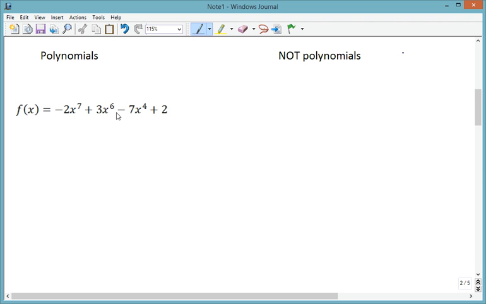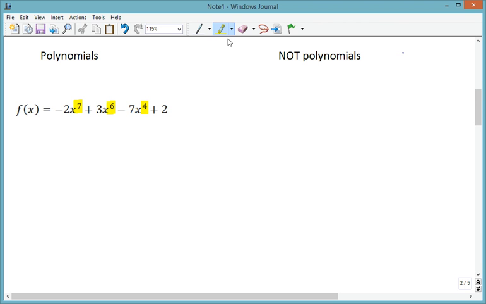Okay, so the exponents are really important. That's kind of how you tell with a polynomial. These exponents are whole numbers. Okay, so a whole number, not an integer. Remember, integers could be negative. Exponents in a polynomial cannot be negative.